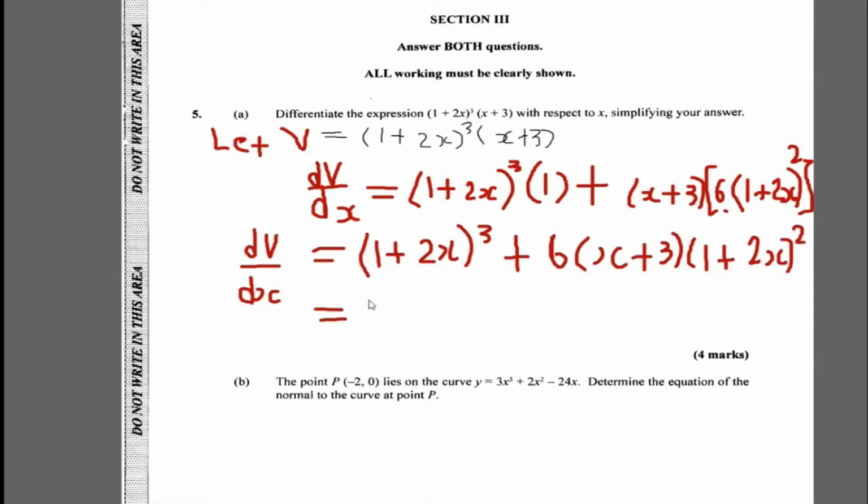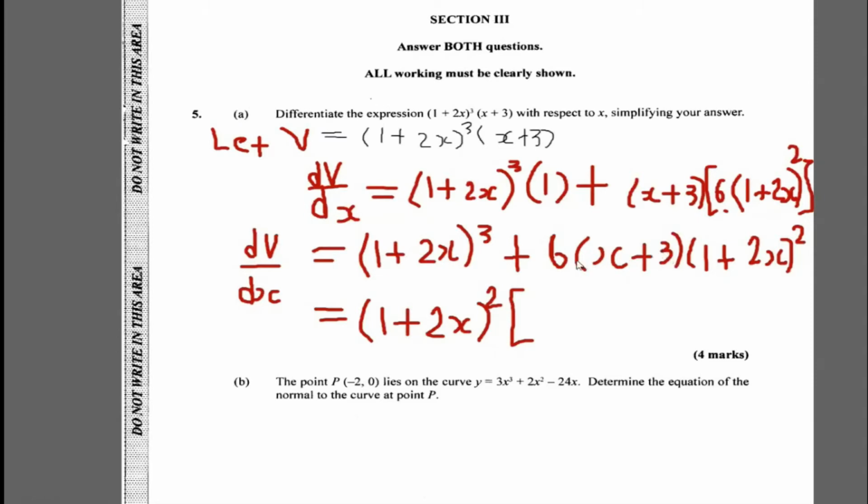So in reality, we can factor out (1 plus 2x) squared, because it says simplify your answer. Factoring out (1 plus 2x) squared, you're going to be left with, in this bracket, 1 plus 2x plus 6x plus 18.